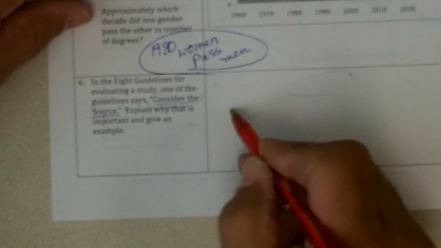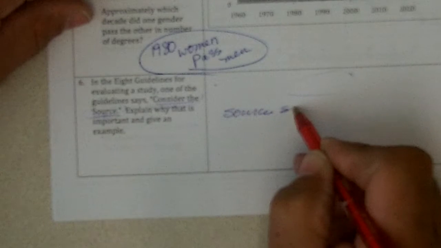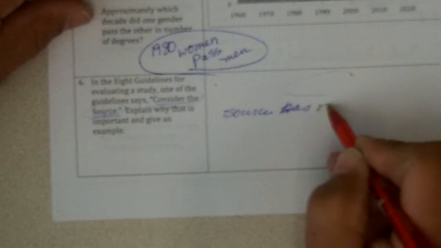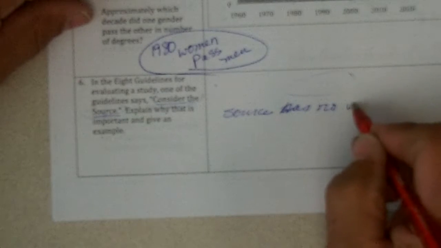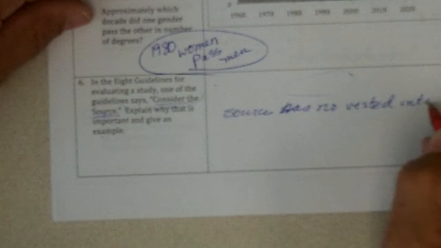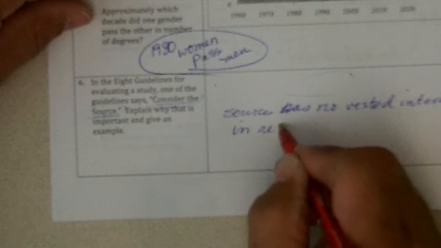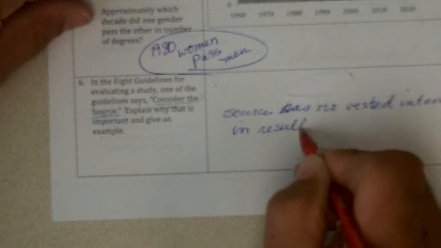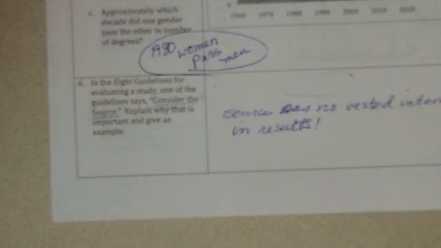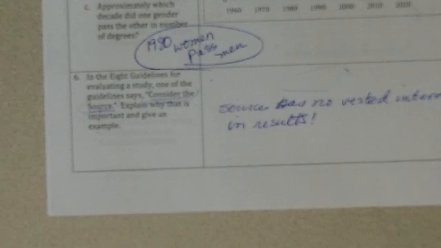So the source has no vested interest in results. That's why you got to consider the sources on all the polls.